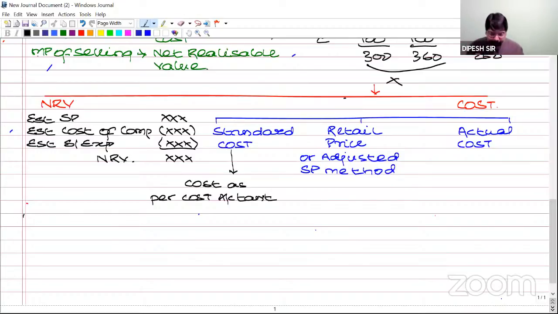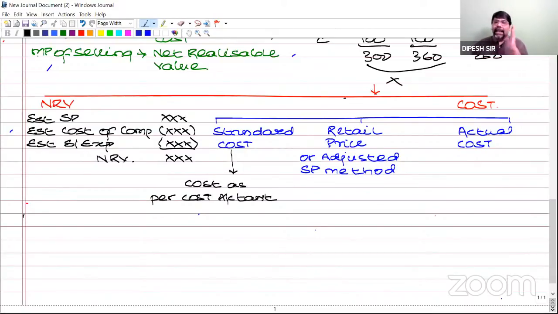Over and out. Now, retail price or adjusted selling price method. That is, if the goods are sold at fixed MRP with selling price, fixed MRP plus fixed GP percentage, then whatever is the closing stock left at MRP or selling price minus GP percent will give me closing stock at cost price.